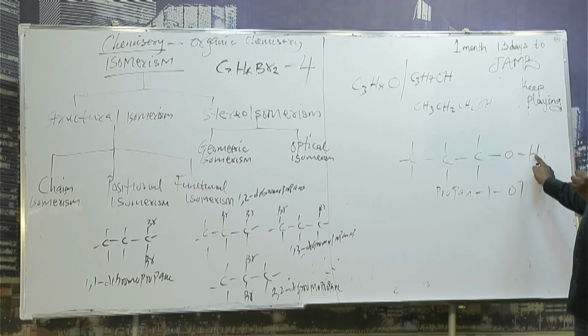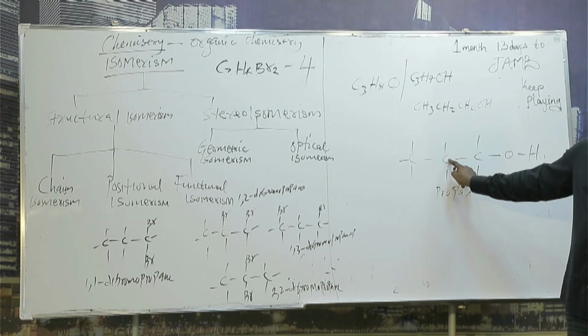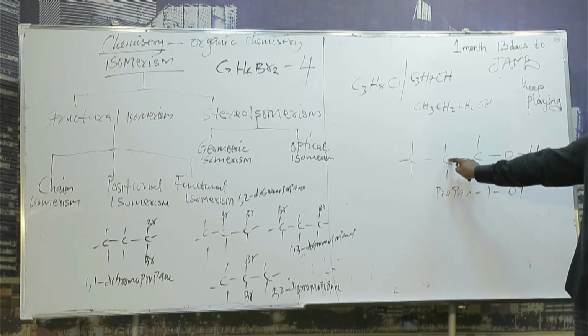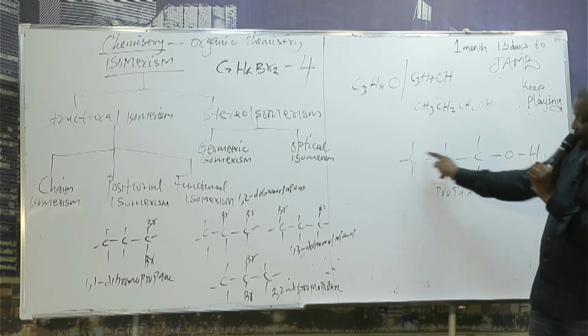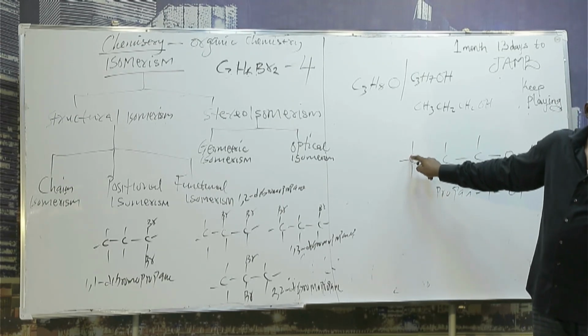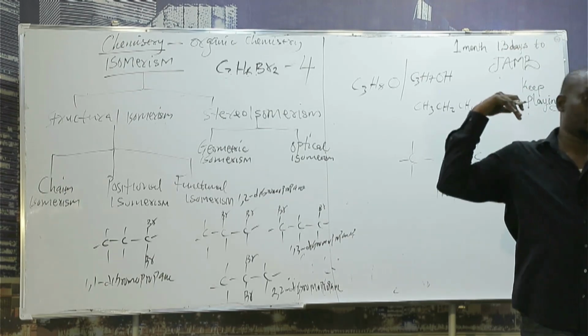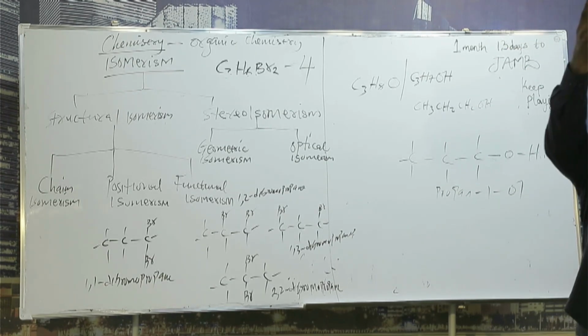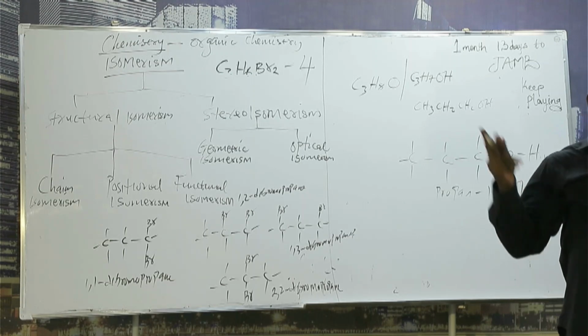If I shift this functional group on this carbon chain, what will I have now? Propan-2-ol. If I shift it to this one, will I have propan-3-ol? It will still be propan-1-ol. So how many possible isomers can you deduce from the organic compound? It's 2. It's not 3. What are they?